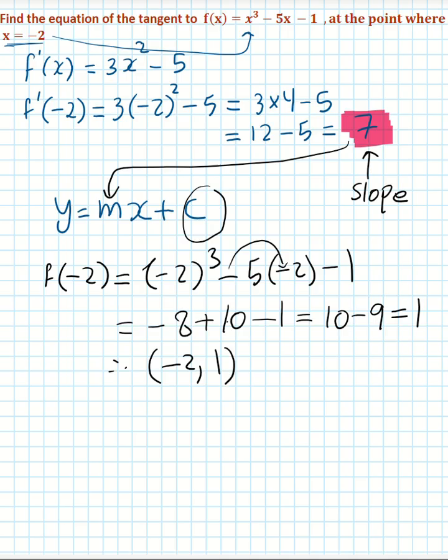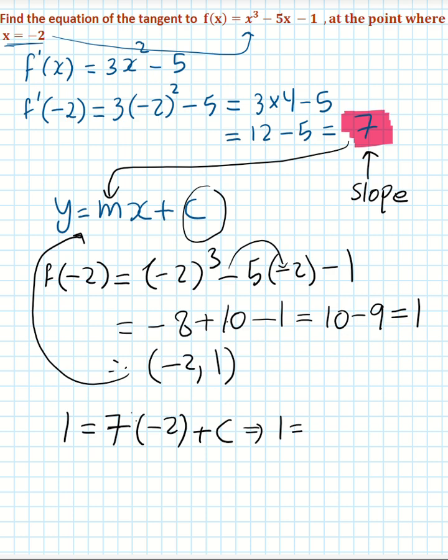I'm going to use that to substitute back into that general equation, so 1 equals 7, which is the slope, times minus 2 plus c. From there we're going to have 1 equals minus 14, because negative times positive becomes negative, 7 times 2 is 14, plus c.